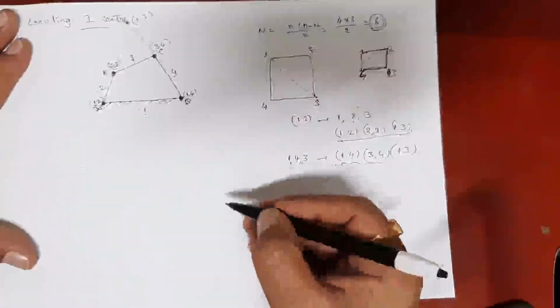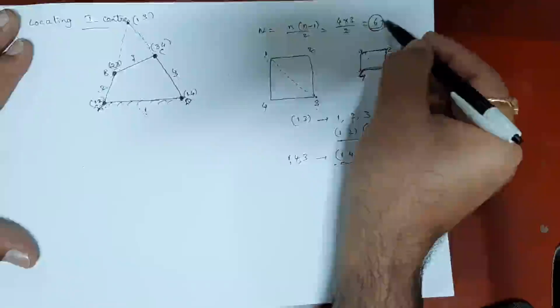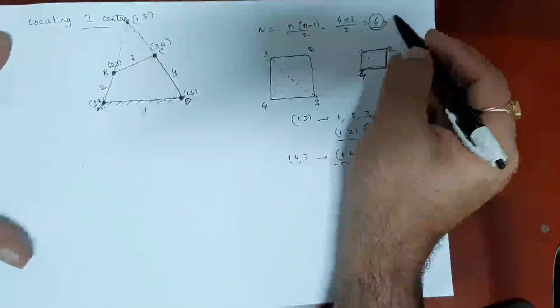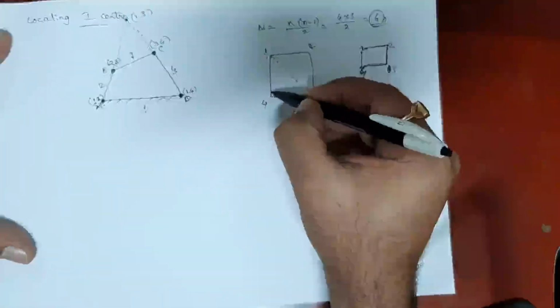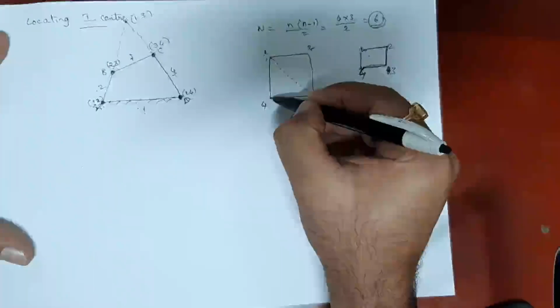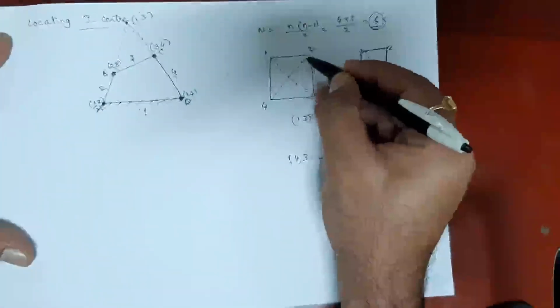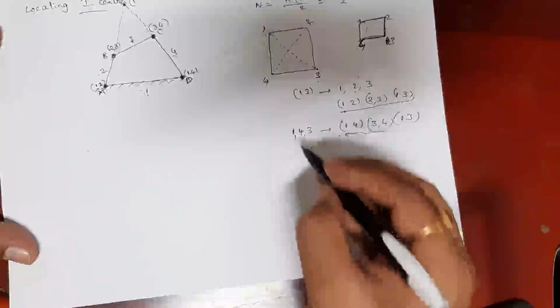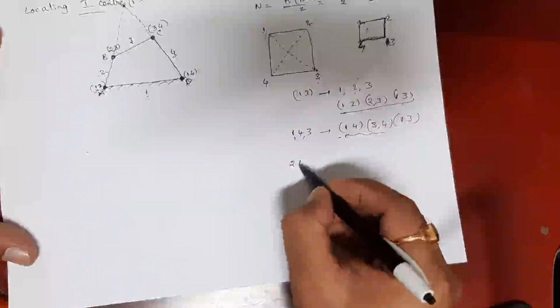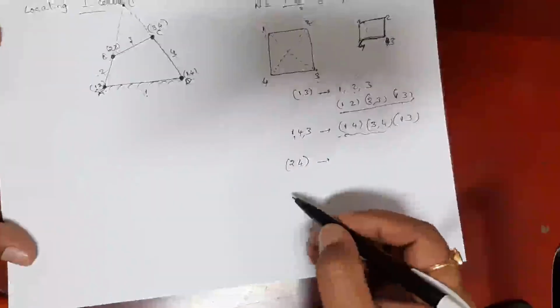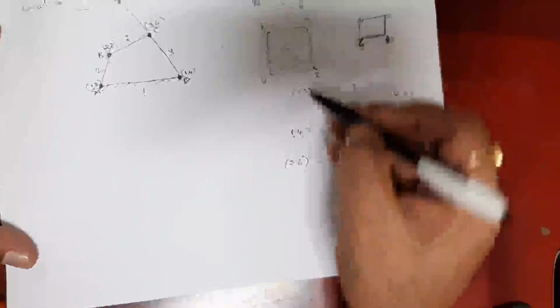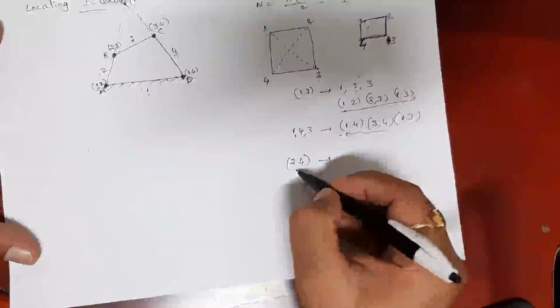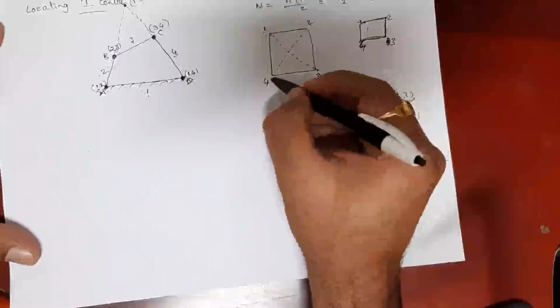Because there are 6 instantaneous centers, we have to locate the 6th eye center. So we just connect the diagonal here. The final instantaneous center is 2 4. To locate instantaneous center 2 4, we will take the 4 1 2 links.